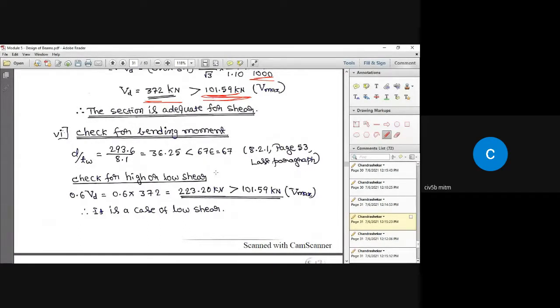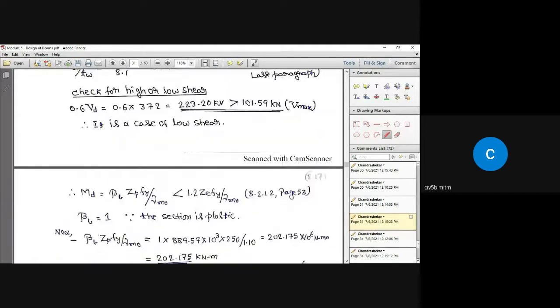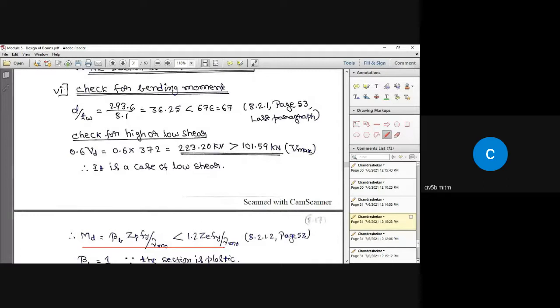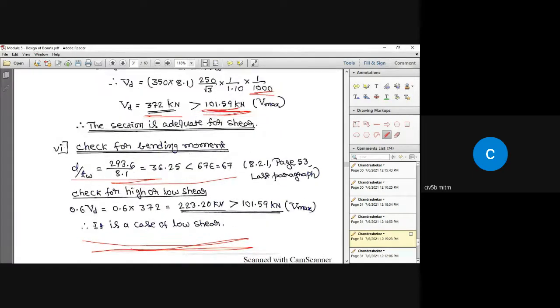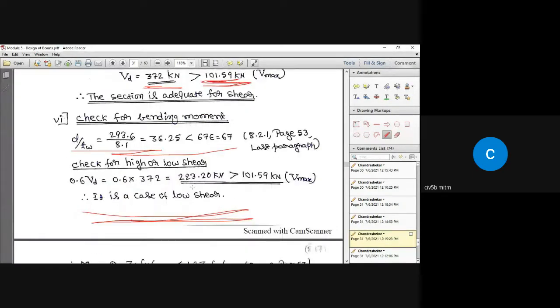Before we make use of this formula, two conditions should be satisfied. One is this condition and the other is the condition of low shear. So 0.67 times VD, where VD is 372 kilonewton, is equal to 223.20 kilonewton. That is greater than the Vmax value.